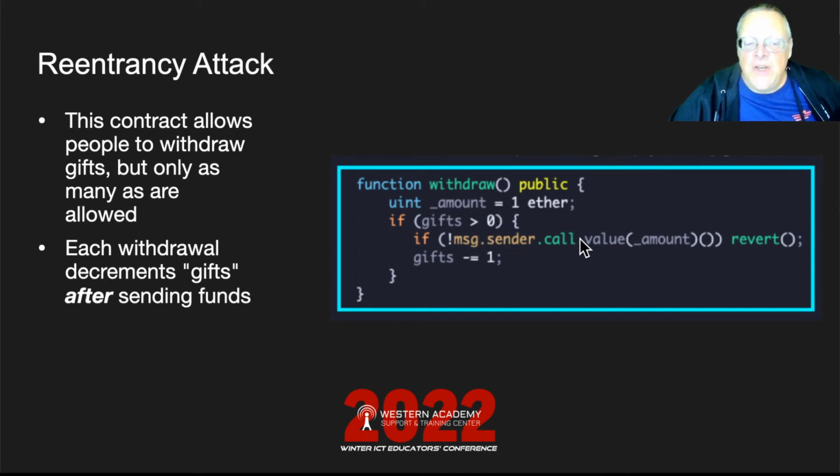If so, it sends money to somebody and then decrements the gifts variable. And after gifts hit 0, you can't take any more money. But the problem is, it sends the money first before subtracting from the gifts, and this send can hit a malicious fallback function that calls it again and again and again before it ever gets down to this decrement statement, and that's what we're going to do.